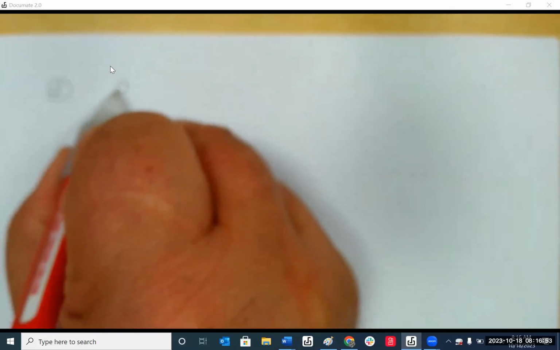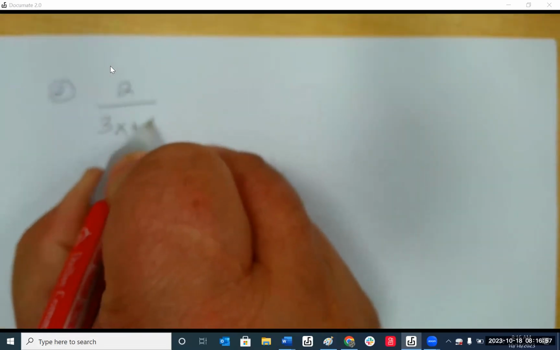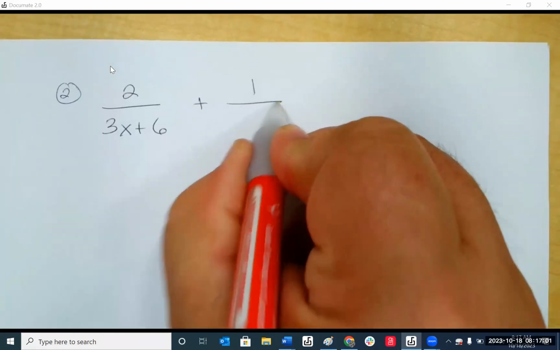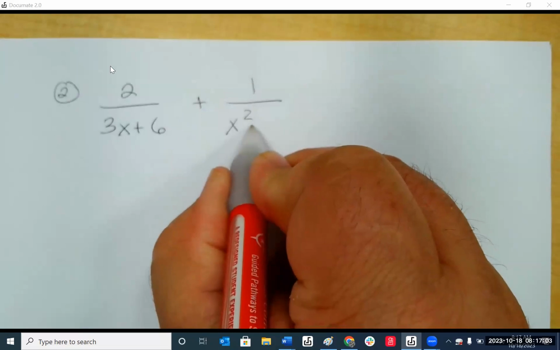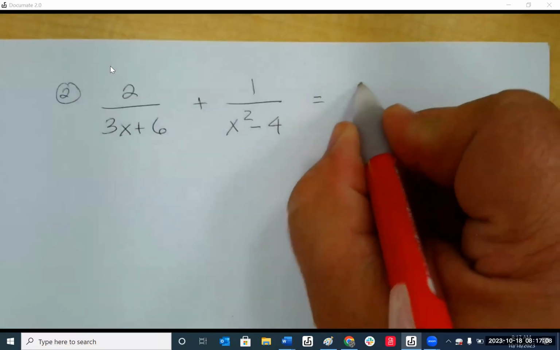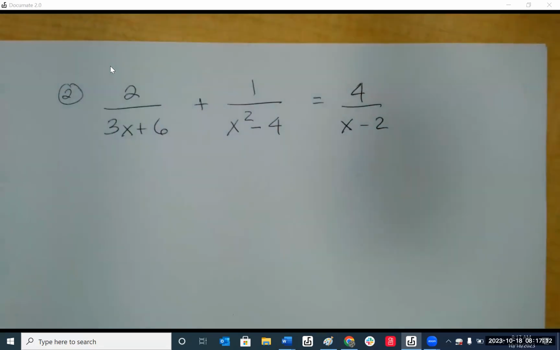And let's look at the next example. 2 over 3x plus 6 plus 1 over x squared minus 4 equals 4 over x minus 2.